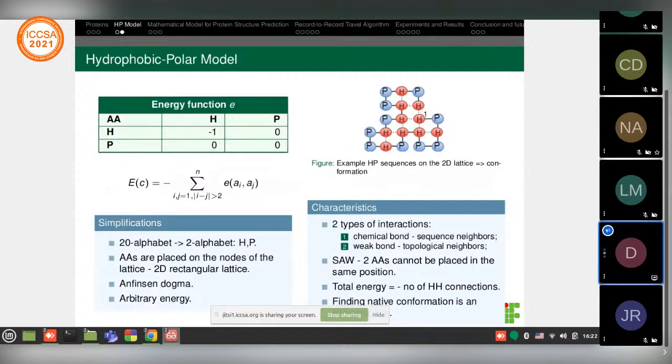The 20 types of amino acids are restricted to 2 types, hydrophobic and polar. Amino acids are placed on the nodes of the lattice. In this paper, we worked on a 2-dimensional square lattice. In the model, an arbitrary energy is introduced, the same as the free energy from thermodynamics. Here you can see the lattice.